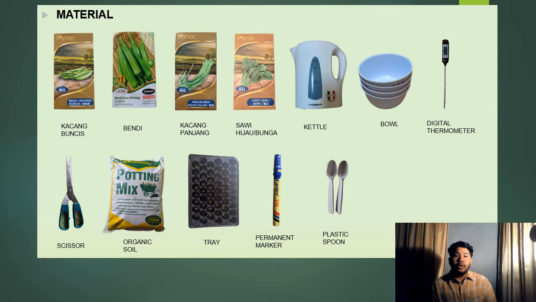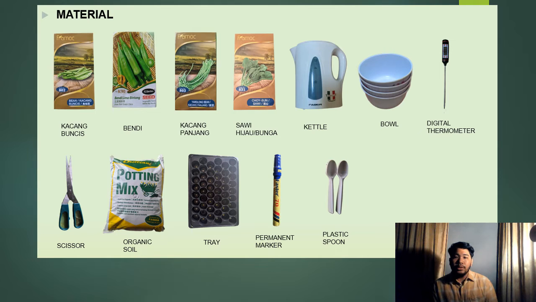Okay, so next we're going to talk about the materials for this mini experiment. Firstly, we have the seeds, the four types of seeds: kacang buncis, bendi, kacang panjang, and sawi hijau or sawi bunga. Next we have a kettle to heat up our water to a certain temperature, and a bowl where we put our seeds in order to do our experiment.